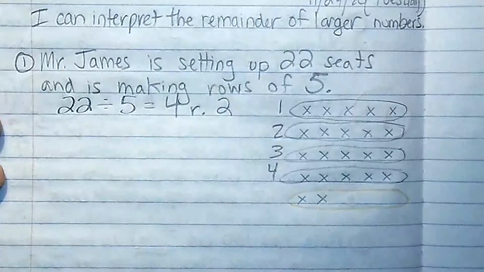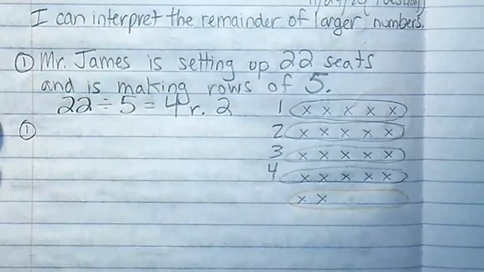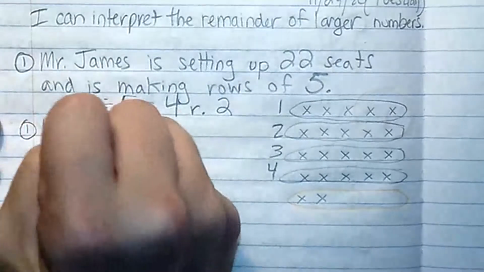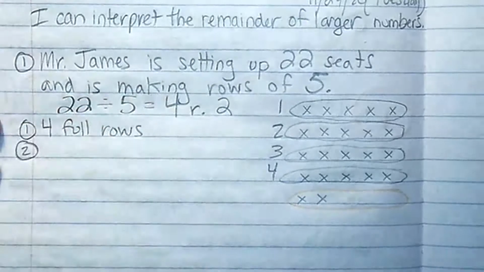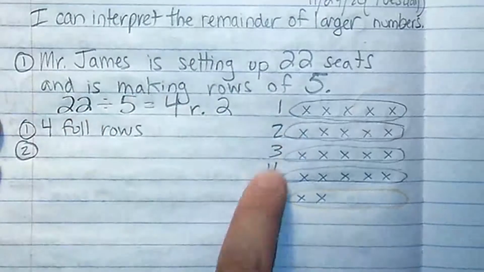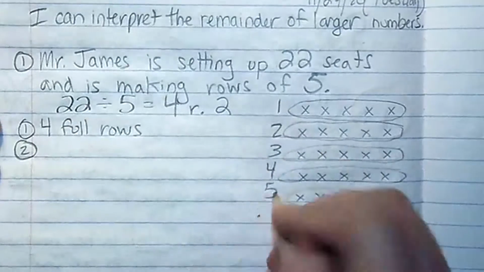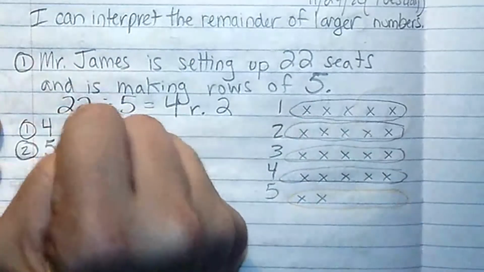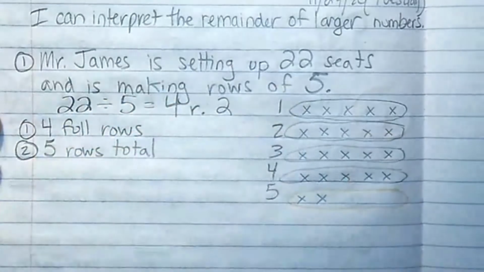So let me ask you a couple of questions. How many full rows are there? 4 full rows. How many rows total do we need for all 22 seats? 5, that's right, because we want everybody to have a seat, so we need 5 rows total.